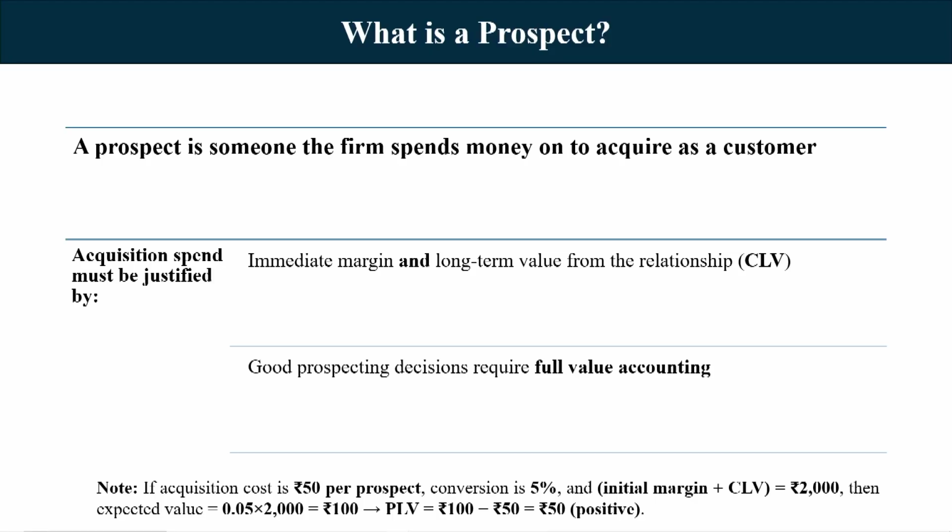Basically, the rule is that acquisition spend must be justified by immediate margin and the long term value from the relationship. Remember that customer lifetime value is defined as the present value of the future transactions for an average customer.